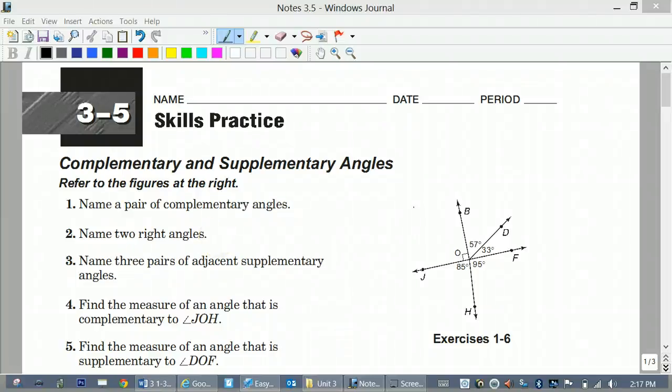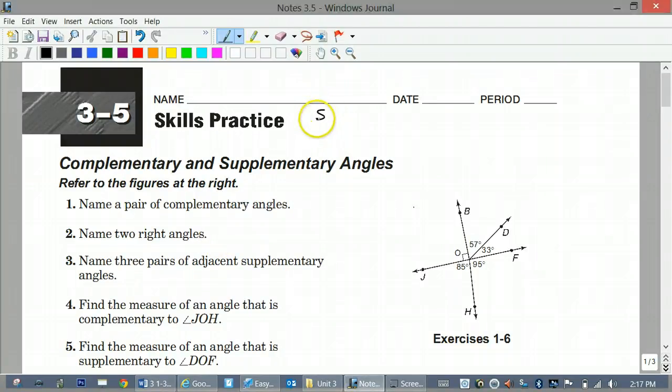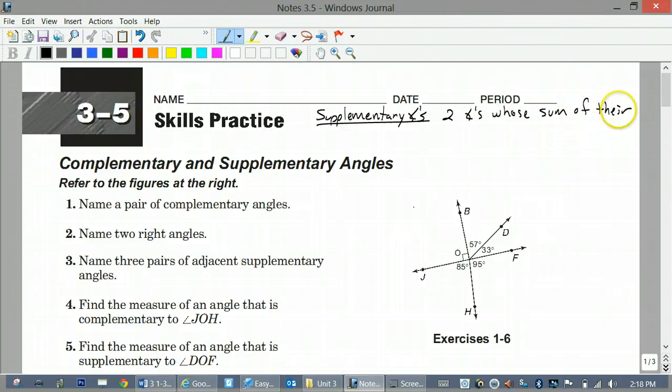Okay. First, supplementary angles. We'll start with supplementary for you guys. Supplementary angles are two angles whose sum of their measures is 180 degrees.